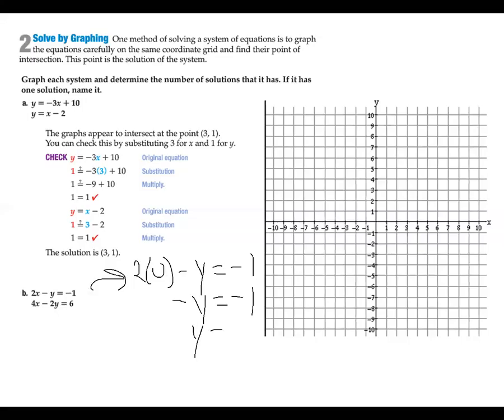So y would equal 1. So the y-intercept is 1. And then the x-intercept, you plug 0 in for y and solve for x. So you would end up with 2x equals negative 1. So x would equal negative 1/2, which would be right about there.